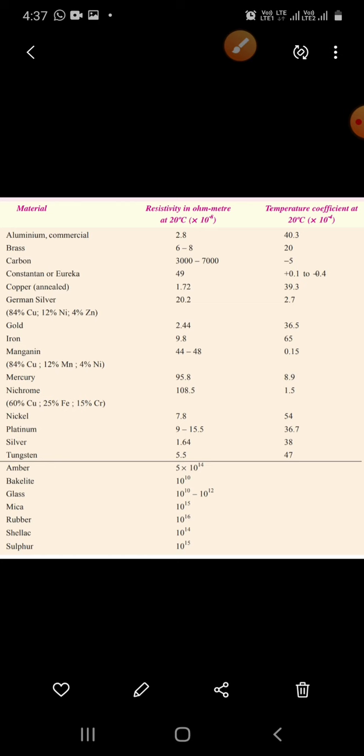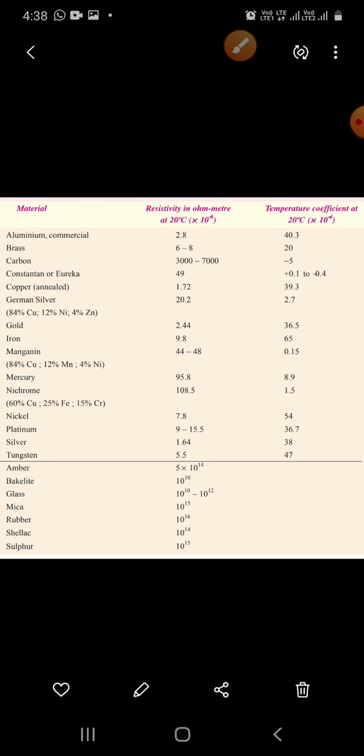Below the line I have written amber, bakelite, glass, mica, rubber, shellac, sulfur, etc. These normally come under insulating materials, or they are very bad conductors, because of that their resistivity is very high. So for them I have not written the temperature coefficient, because these are purely insulating materials.